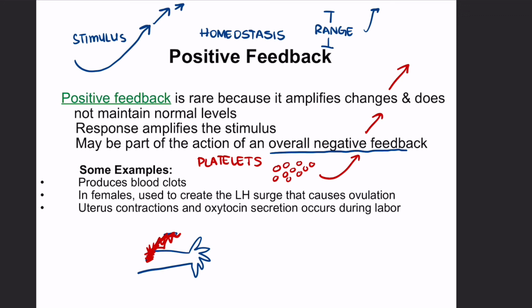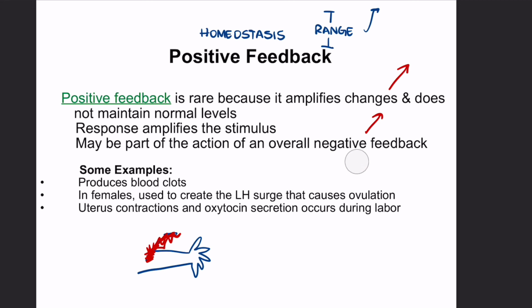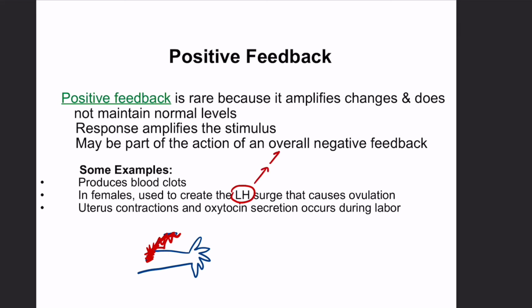So that's a great example of how it's part of an overall action towards negative feedback. Other examples of this are female related. So if you think about ovulation, ovulation is triggered by a surge of luteinizing hormone, and this goes up, up, up until you release an egg, which then brings you back towards your homeostasis via negative feedback.